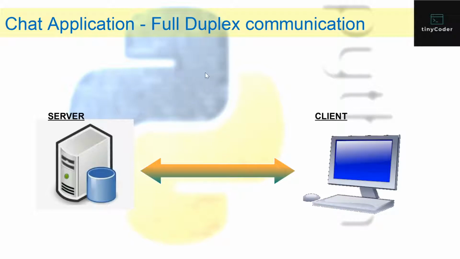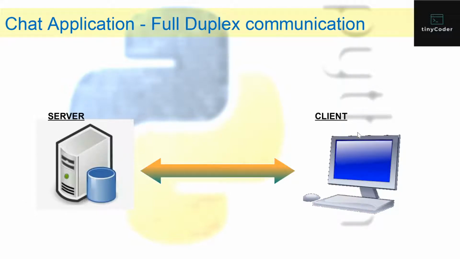Now I will show you the full duplex communication, which is actually what our chat application is going to be. Here we have our server, and here is the client. There is a two-sided arrow, which basically means that the server and the client are both talkers and listeners, meaning they can both talk whenever they want.